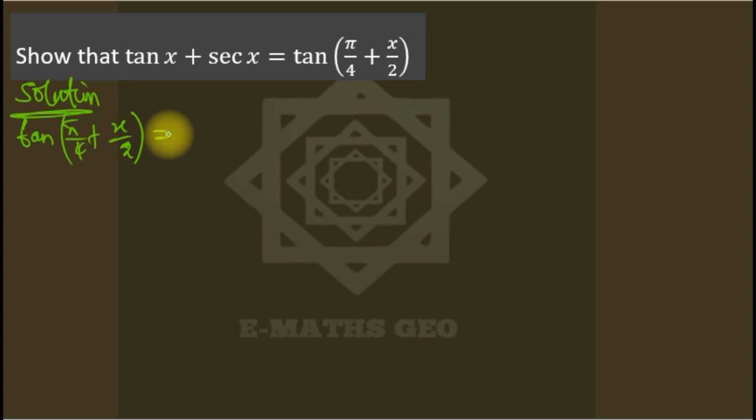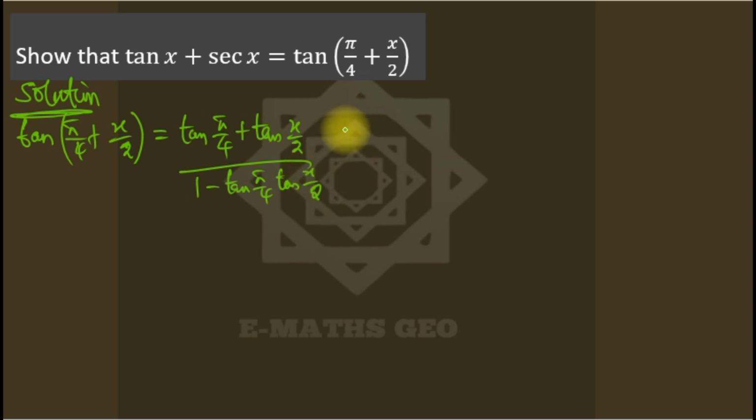So using our addition formula for tan, this is tan pi over 4 plus tan x over 2 over 1 minus tan pi over 4 tan x over 2.